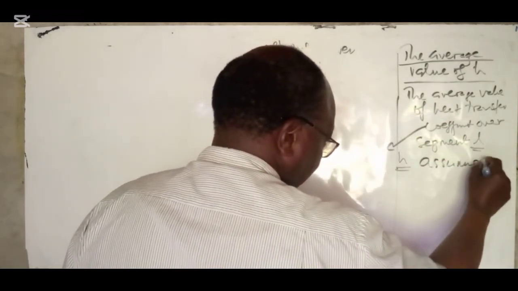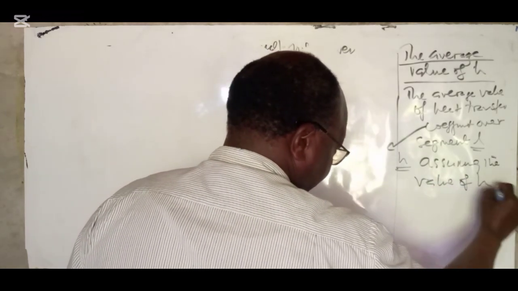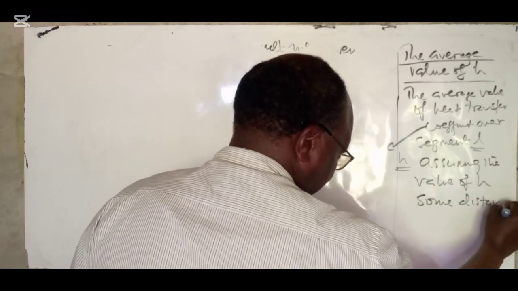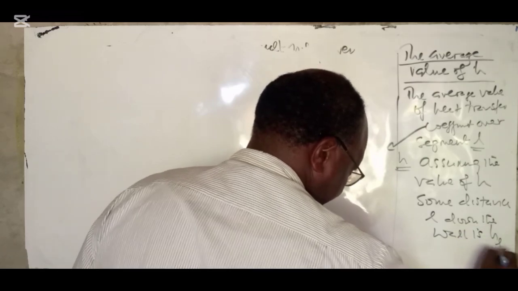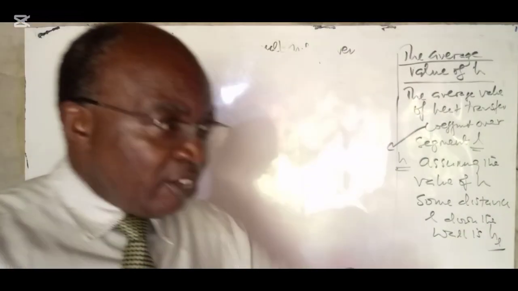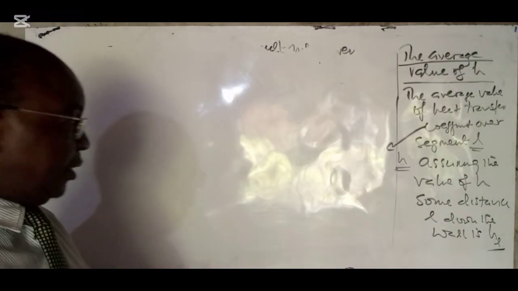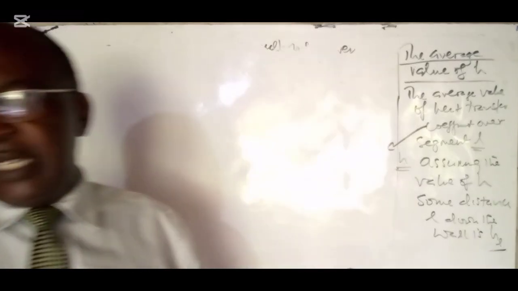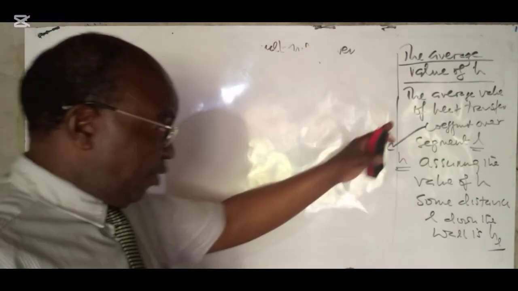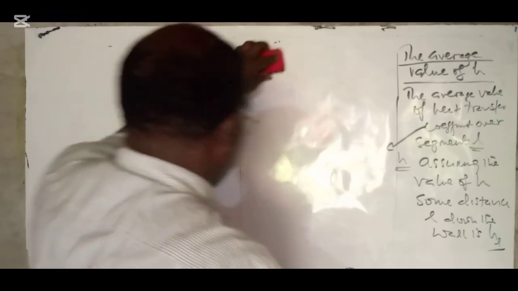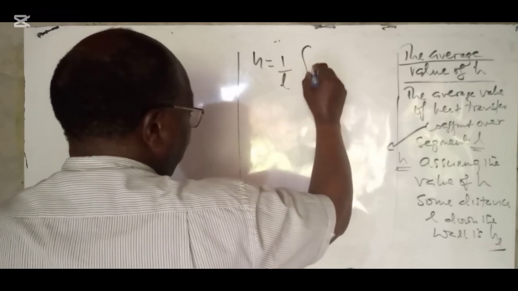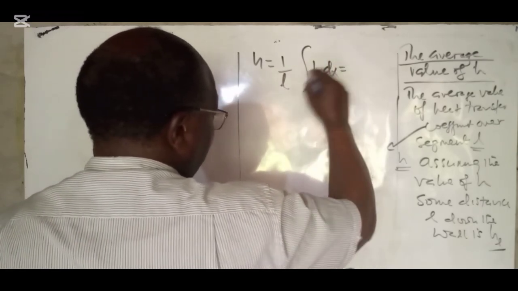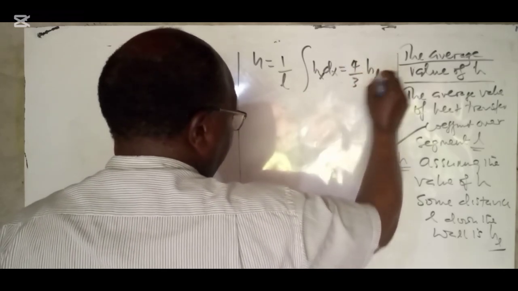So if you assume that the value of h some distance L down the wall is hL, remember we're still talking about the same profile, which you have done repeatedly in several lectures and now you're familiar with it, then in that particular case, the average value of the heat transfer coefficient will be given by the integral over L, and this will be 4/3 hL.